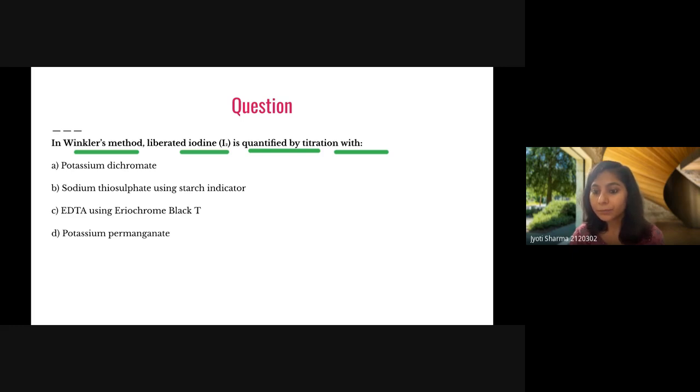Okay, now I'm having answers. Mithur gave me B, then B, B. Okay, so everyone is giving me B. So yes, this is sodium thiosulfate that we will use for the titration purpose.